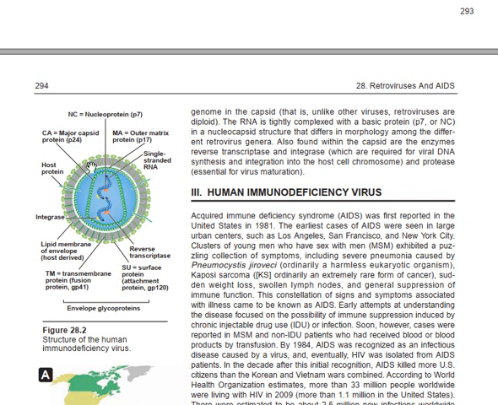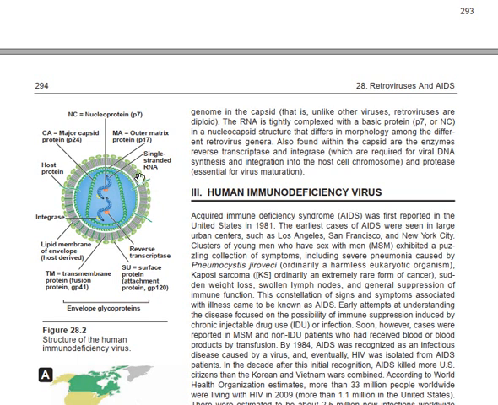You have the capsid. We have two capsids. One capsid inside is the major capsid, which is made up of the protein P24, and we have an outer capsid here, which is a minor capsid, and an outer matrix protein, which is made up of P17.